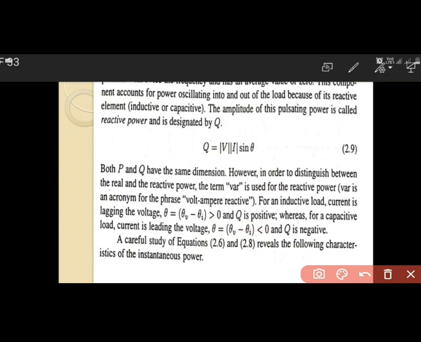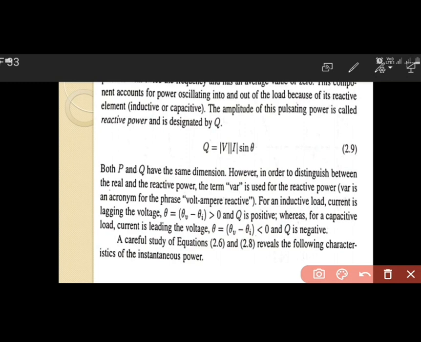Now both P and Q have the same dimension, so how can we differentiate active power and reactive power? For that we use the term VAR, which stands for volt ampere reactive. For an inductive load, the current lags behind the voltage by some angle. If theta is equal to theta v minus theta i and is greater than 0, then Q is positive, which means reactive power is available.